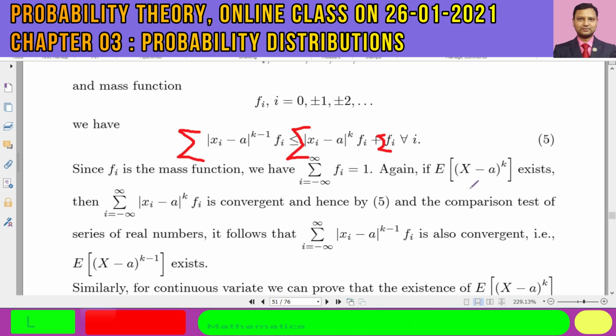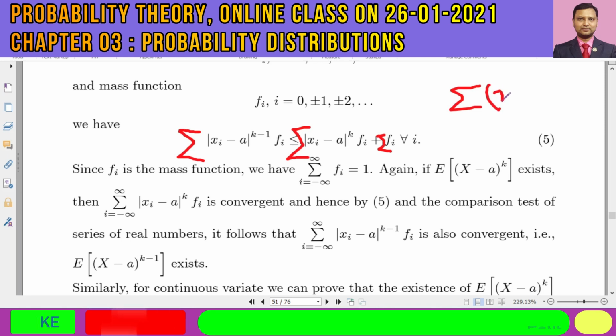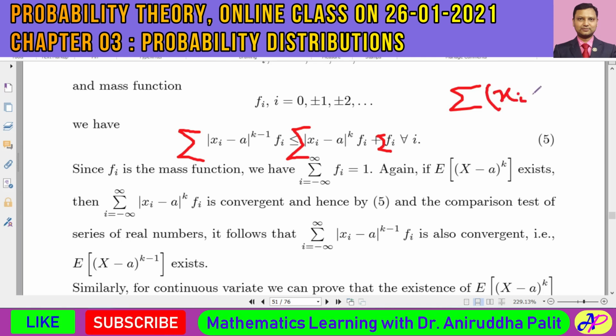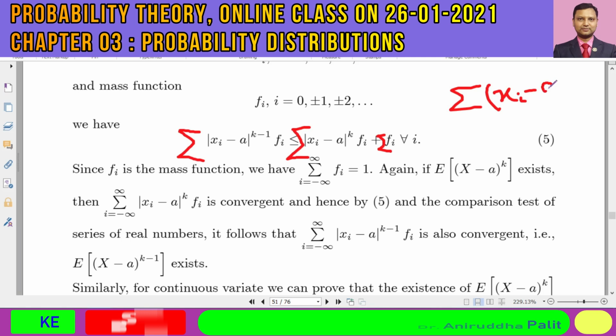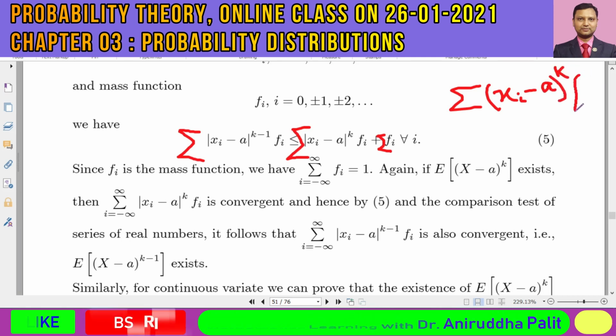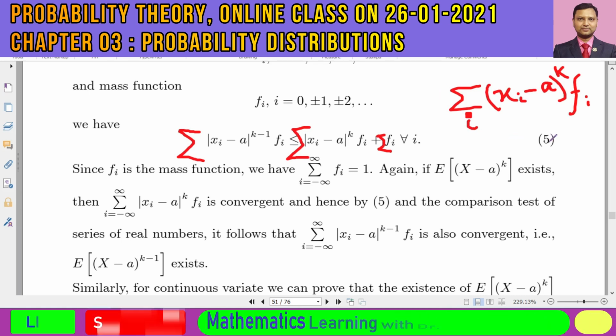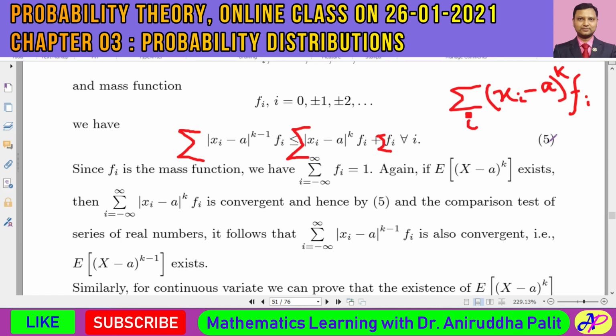It means that the summation of (xi minus a) to the power of k multiplied by fi, where summation is taken from i equal to minus infinity to plus infinity, should be convergent. Not only convergent, it should be absolutely convergent.